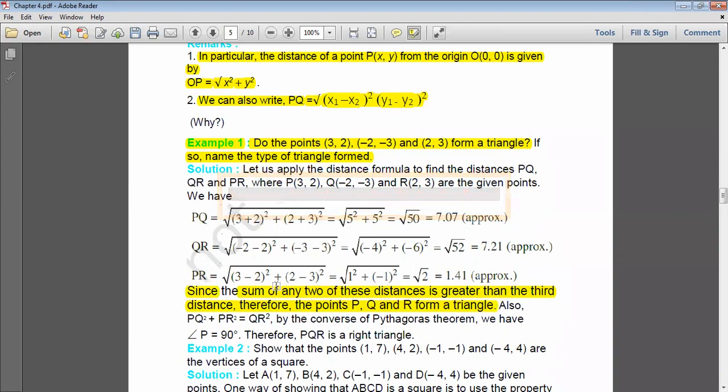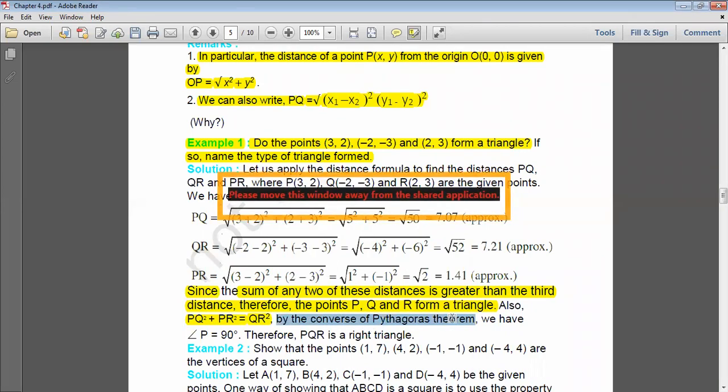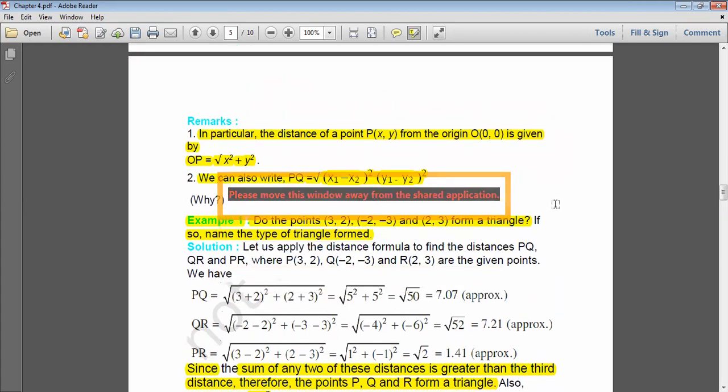Now, you can see from these distances itself, PQ squared plus PR squared is equal to QR squared, which is actually, by using the converse of Pythagoras theorem, we can see that angle P is equal to 90 degrees. So that is why you are asked in the question, name the type of the triangle formed. Therefore, PQR is a right triangle.